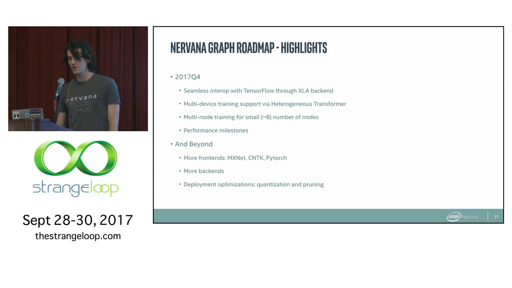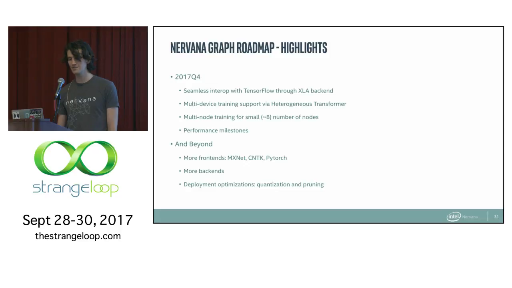So the roadmap of things that we'd like to accomplish for the rest of 2017 is a seamless interop with TensorFlow through XLA, and multi-device training support via heterogeneous transformers. We're working on then allowing multi-node training for data centers.